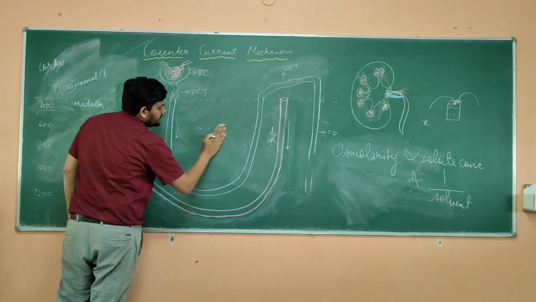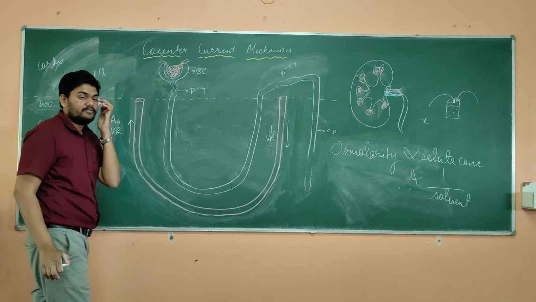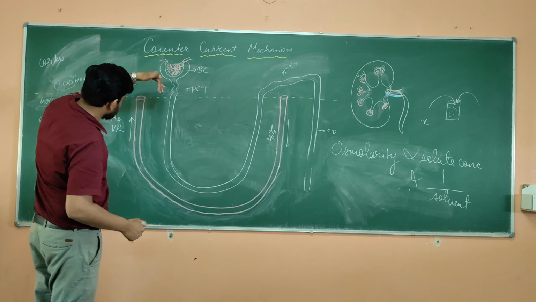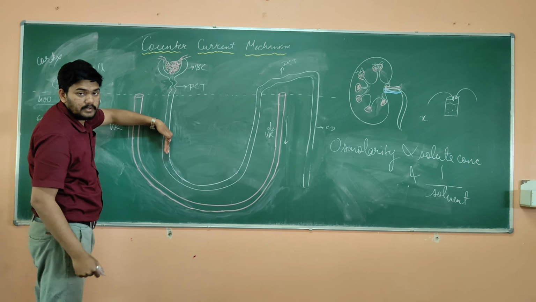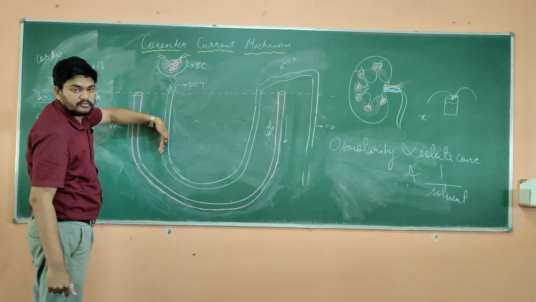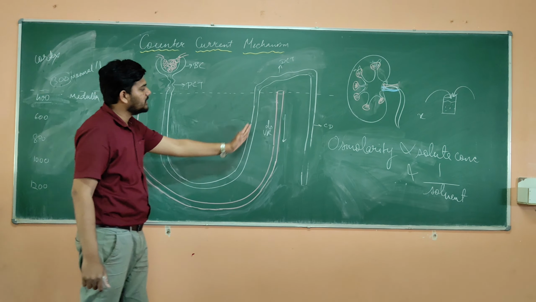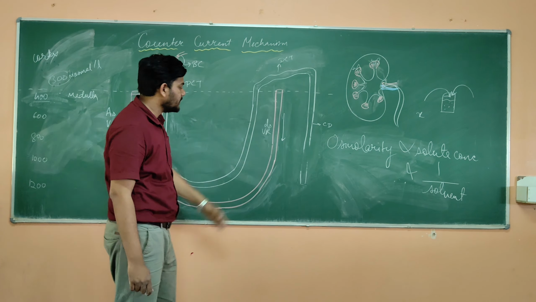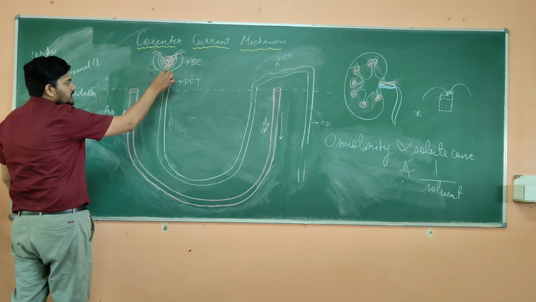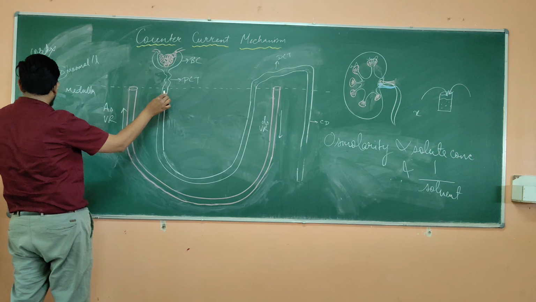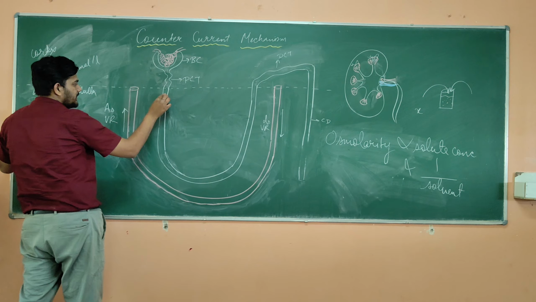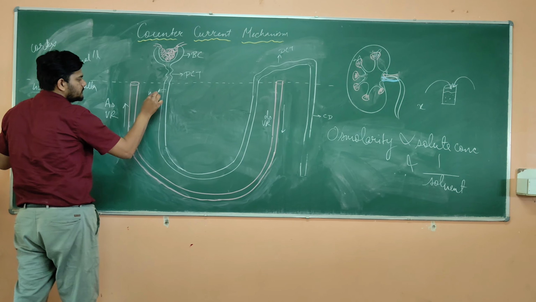So we'll just see here what things will happen, and we all know basically that this descending limb is permeable for water. The descending limb of loop of Henle is permeable for water, and the ascending limb is permeable for NaCl. Okay, so here what you will do, when the filtrate will move down and now it has to increase the osmolarity, he can do one thing, he will remove water.